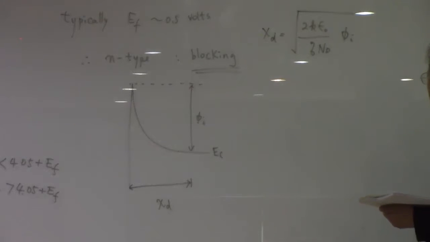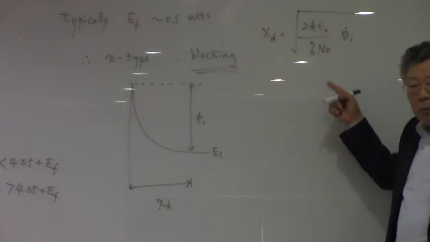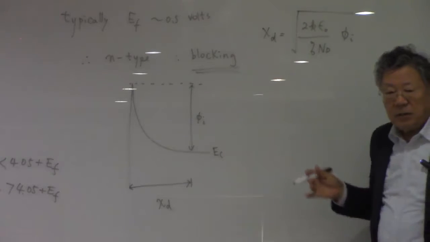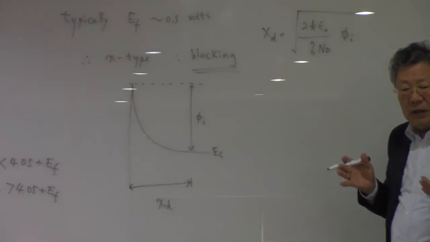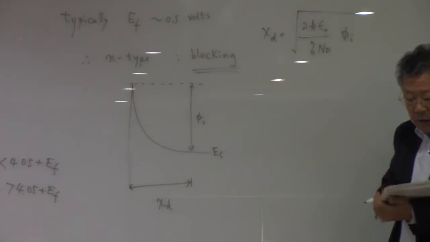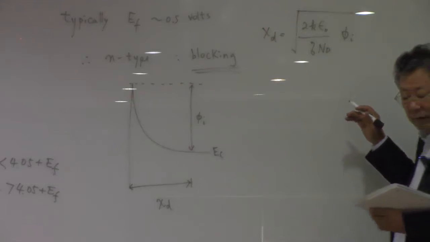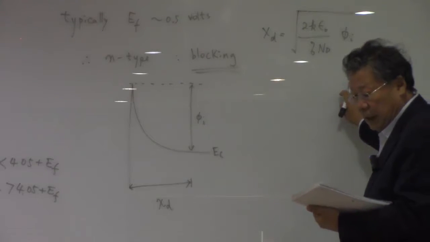So you can see if you dope the semiconductor heavily, then this XD, the depletion region, can be shallow. The depletion layer length is very short, okay?